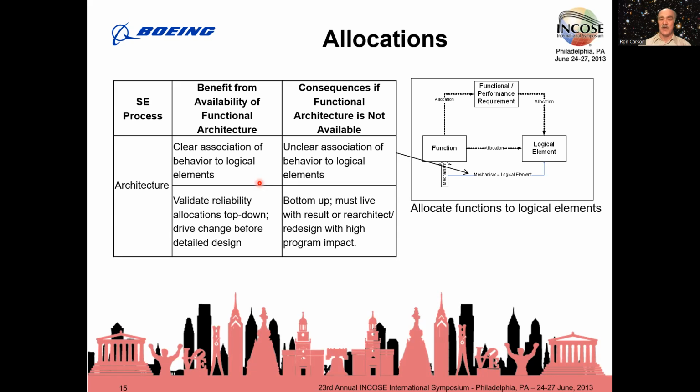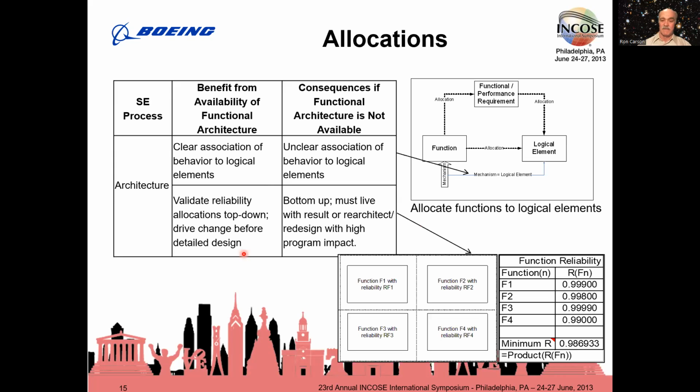So it's an easy way to be able to validate those allocations and also ensure that that allocation is going to enable the system level function and its related performance to be satisfied based on those allocations. Another area of allocation and validation is reliability. So we can decompose the functions and examine the allocation of reliability in order to achieve the reliability of the system level function.